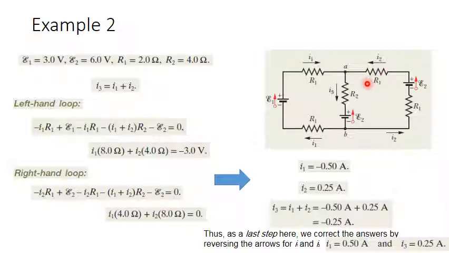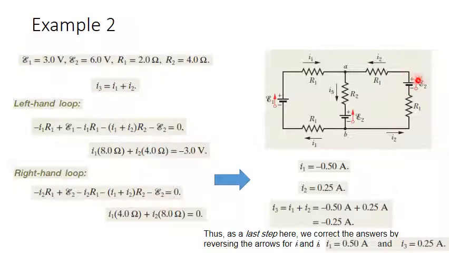No. Sorry. I'm going from point B once again. And in this case, I am going counterclockwise. So I2 multiplied by R1 will introduce a voltage drop, minus I2 multiplied by R1, because the current is in the same direction of the loop, which is counterclockwise.